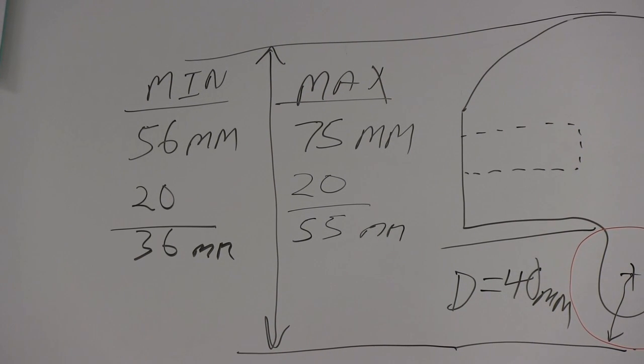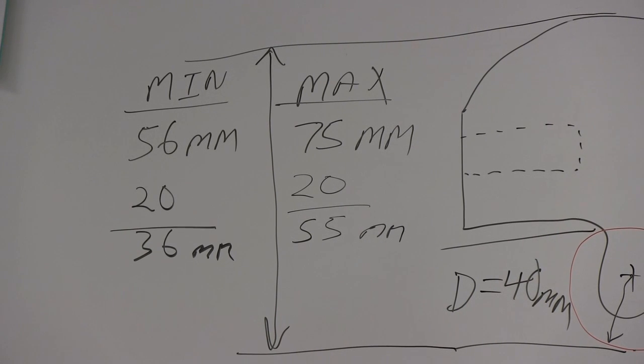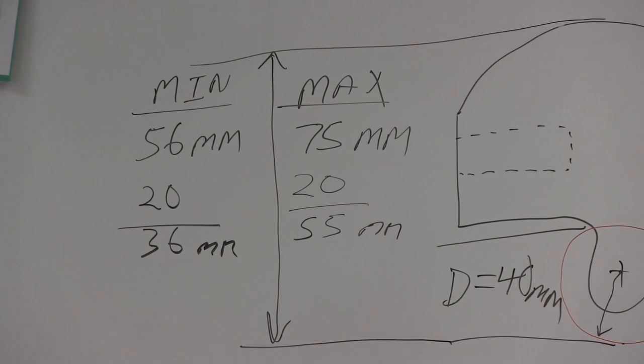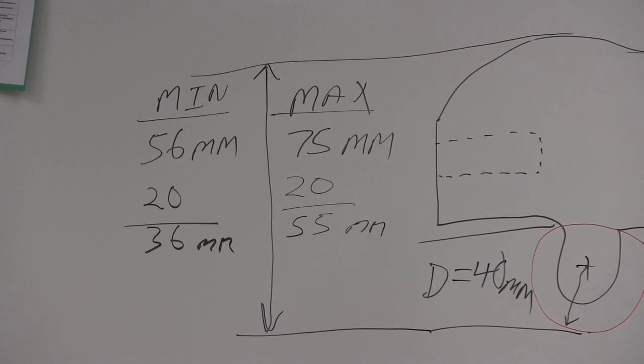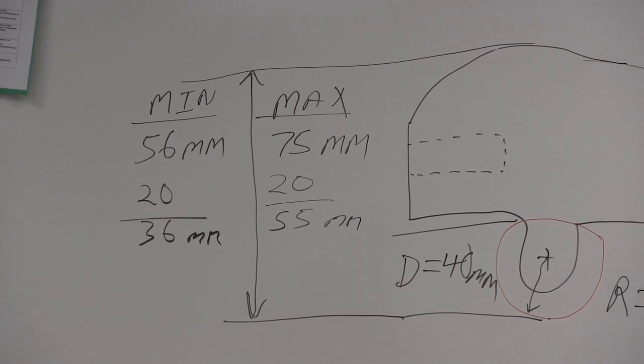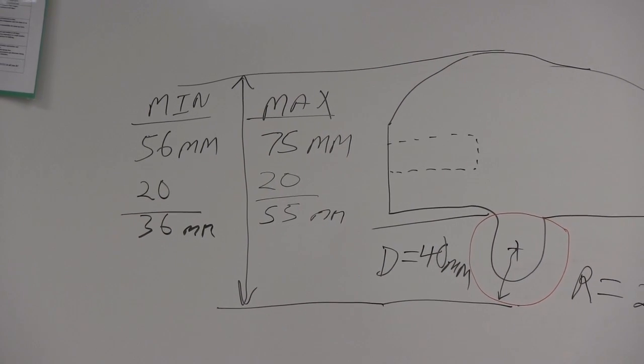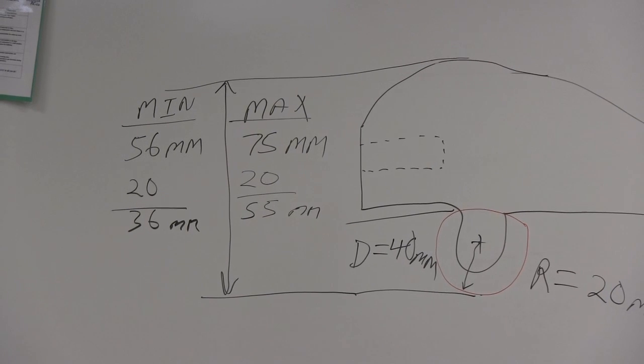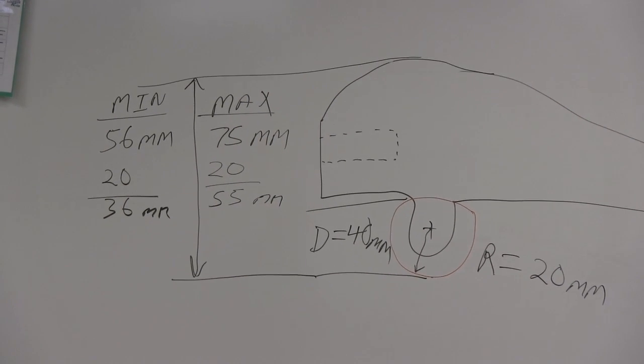So if I subtract 20 millimeters from here, I get 55 millimeters max. If I subtract 20 millimeters from here, I get 36 millimeters minimum.